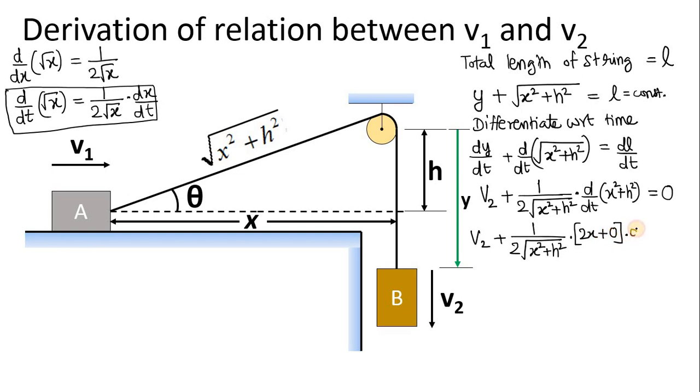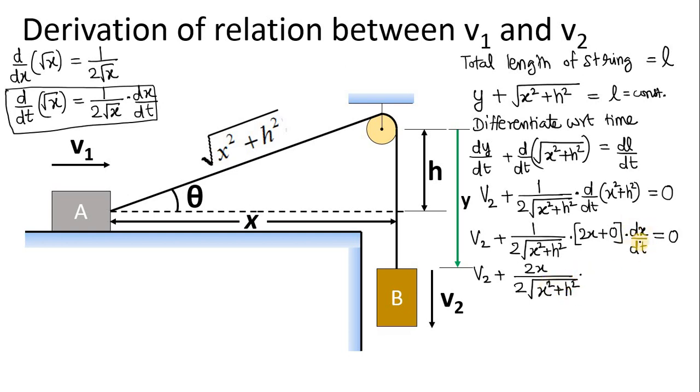But once again we have to write down here dx by dt, for the same reason, because we are differentiating a function of x with respect to another variable t. So we have to multiply an extra thing here, dx by dt, is equal to 0. Furthermore, we are getting here 2x divided by 2 times root of x square plus h square.